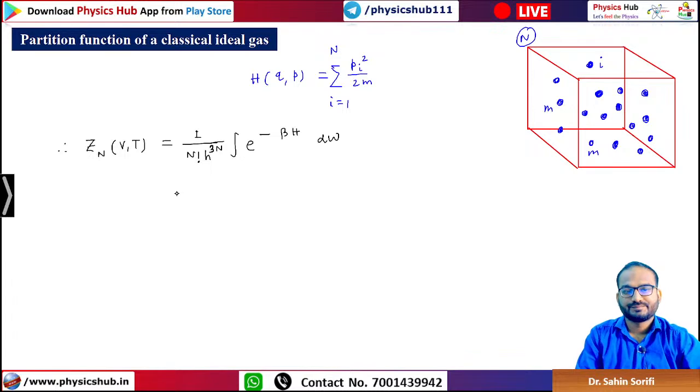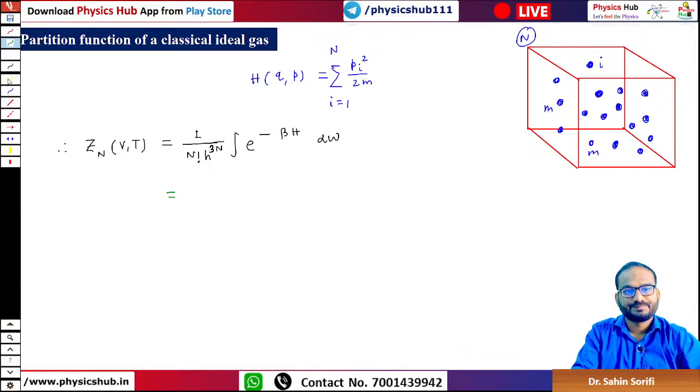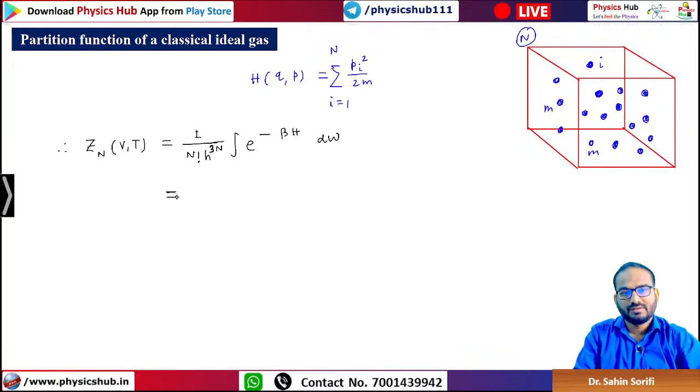You see, this is a 3-dimensional case. In the 1-dimensional case, what will you write? You see, this is equal to 1 by n factorial h to the power 3n, integration e to the power minus beta into h, where i equals 1 to n, v square by 2m. d omega is the phase volume.